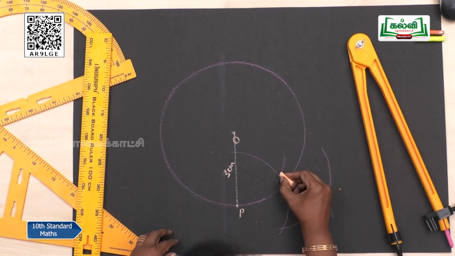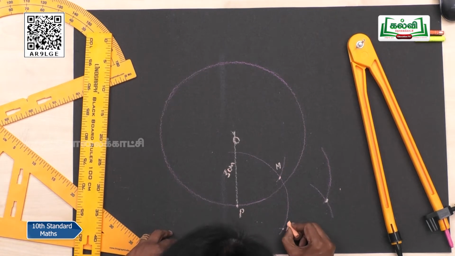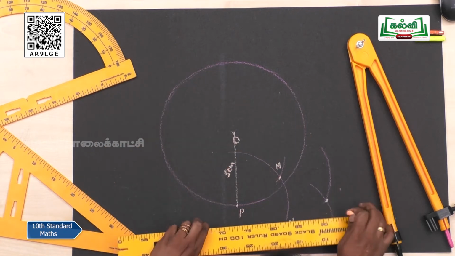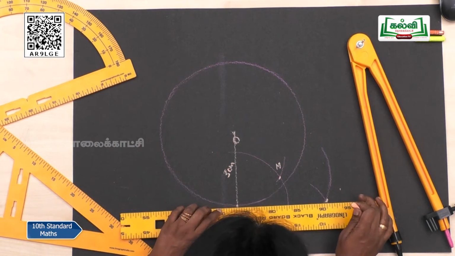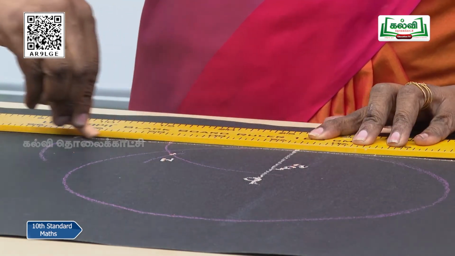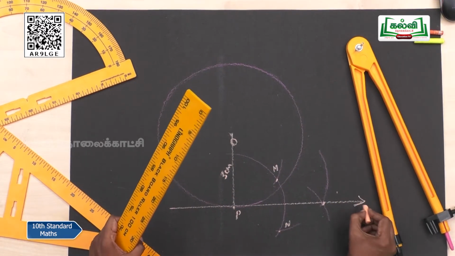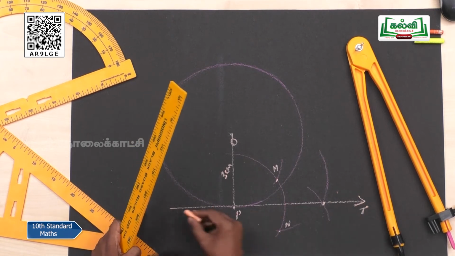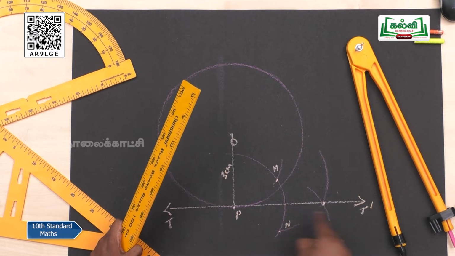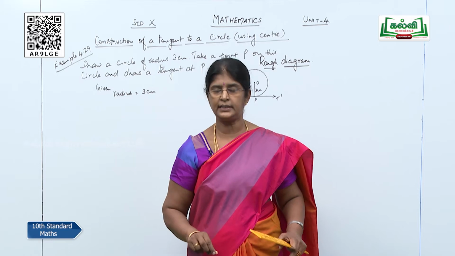Before that, you can mark one arc as M and this as N. Now, this point you are going to join using the scale to the point P on the circle. Now, this is nothing but a tangent. So, you can have T dash. Okay. So, this T dash is nothing but the tangent to a given circle using its center.